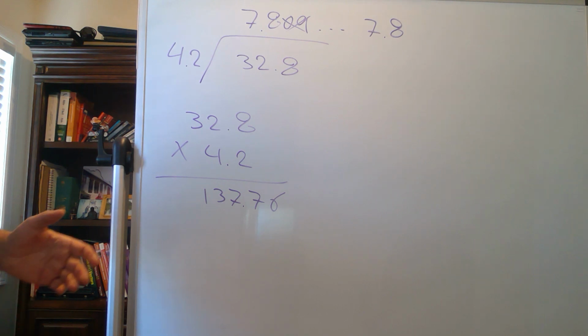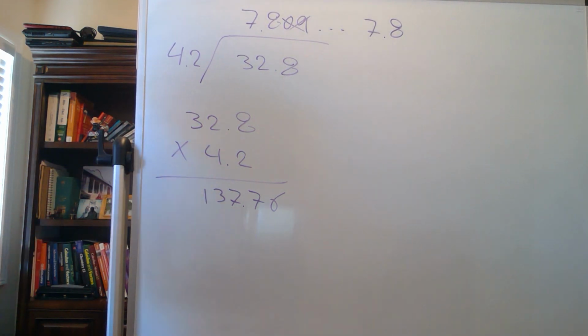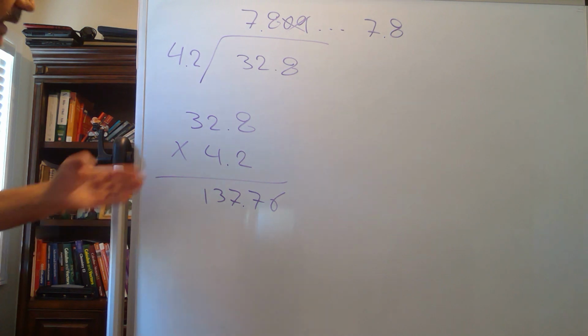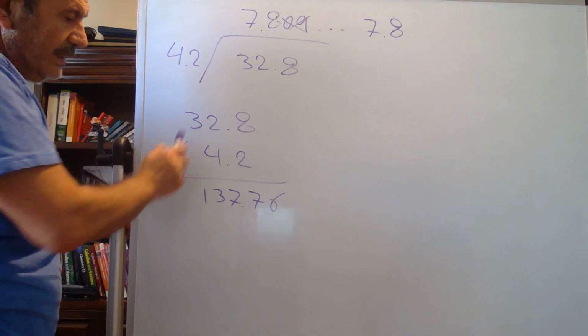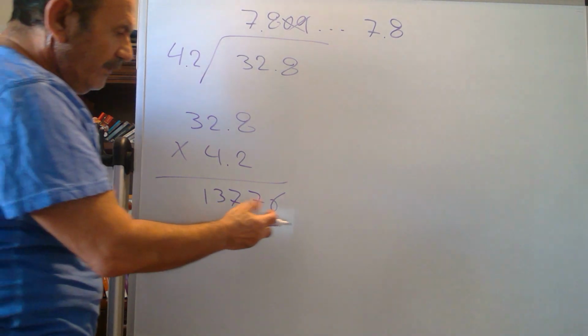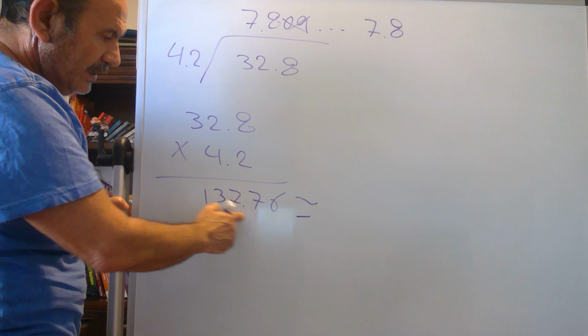what accuracy do I have? 4.2 has 2 significant digits. 32.8 has 3 significant digits. So this result for me is going to be only 2 significant digits.